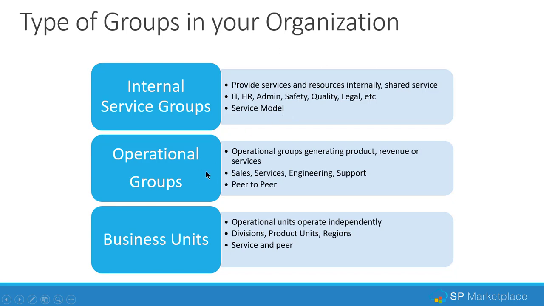Then there are operational groups. Now, operational groups are really around things that are the core operation of your company. They might be related to sales, to delivering services to your customers. They're often customer facing, or they're product creation, engineering, manufacturing, support. So these groups are all about that type of thing. They're not providing internal services so much.